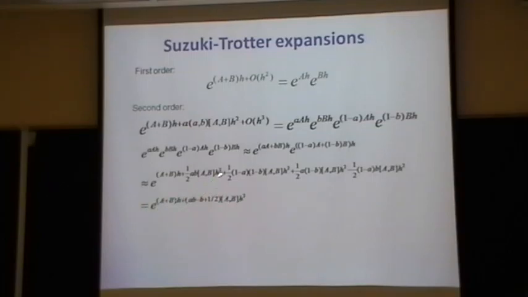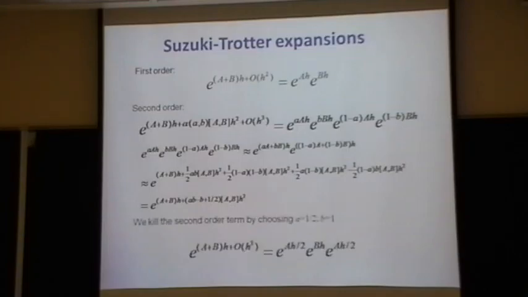So what we want to do is kill this coefficient here in front of the commutator, which is a function of a and b. And the optimal choice is a equals 1/2, b equals 1, and that gives us this result, which is the formula that we all know. It's very familiar to all of us. So this is the second order Suzuki-Trotter decomposition.